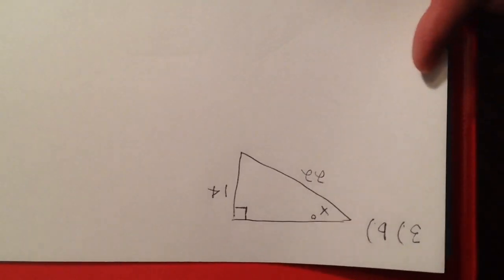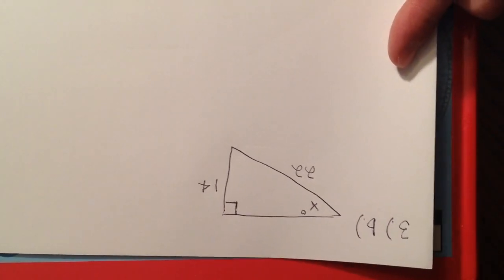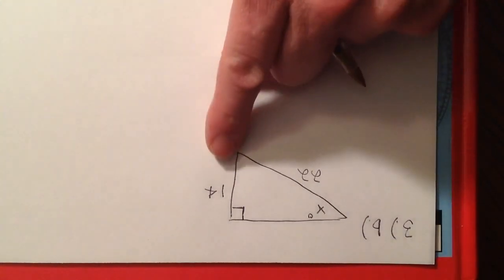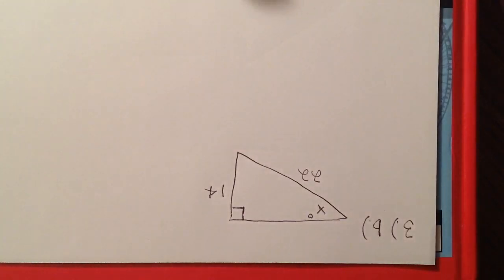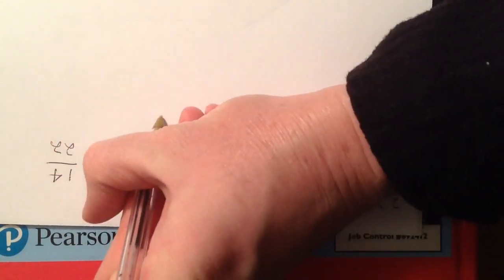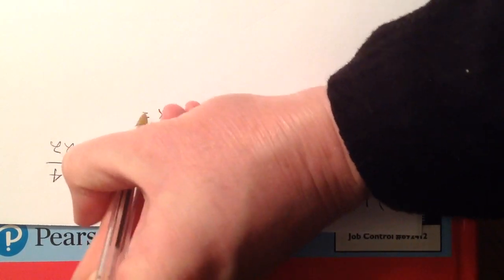Finally, the last diagram. In this last diagram, we are trying to find the missing angle. The hypotenuse is involved, the side opposite is involved, so again it's sine, and we're going to have the sine of x degrees equals the opposite, 14, over the hypotenuse, which is 22. But again, when you're trying to find the missing angle, you need to use the inverse trigonometric function.